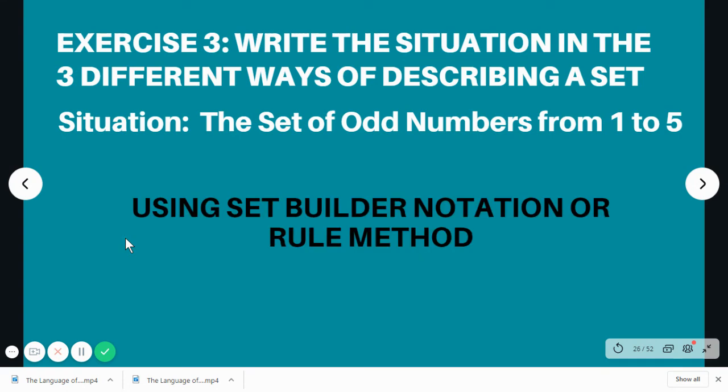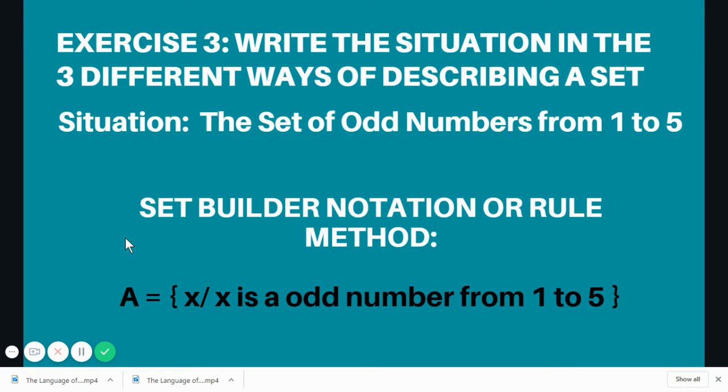And last, using set builder notation or rule method. So the answer is A is equal to X is an element of a set such that X is an odd number from 1 to 5. Okay, so that is our set builder notation.